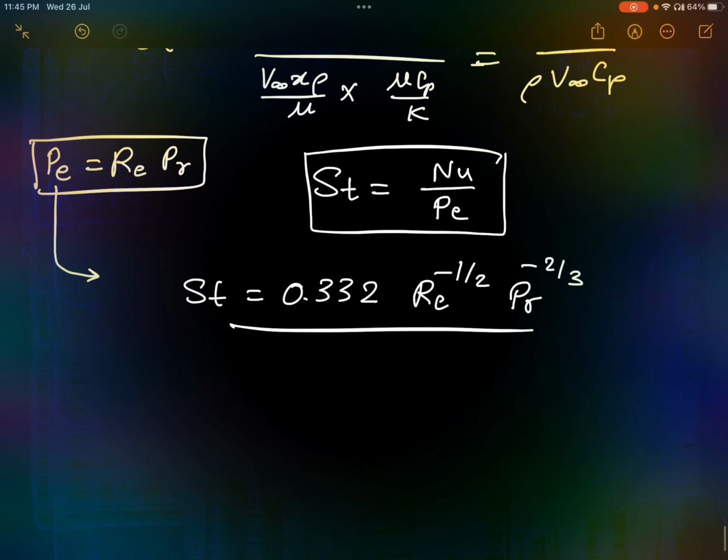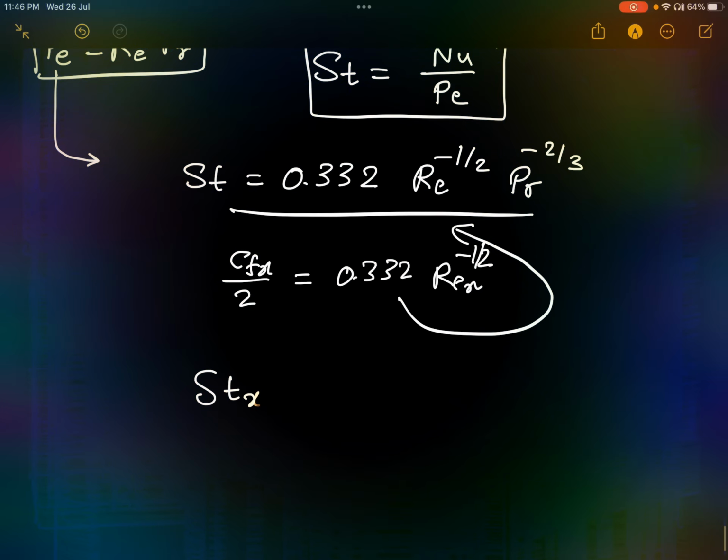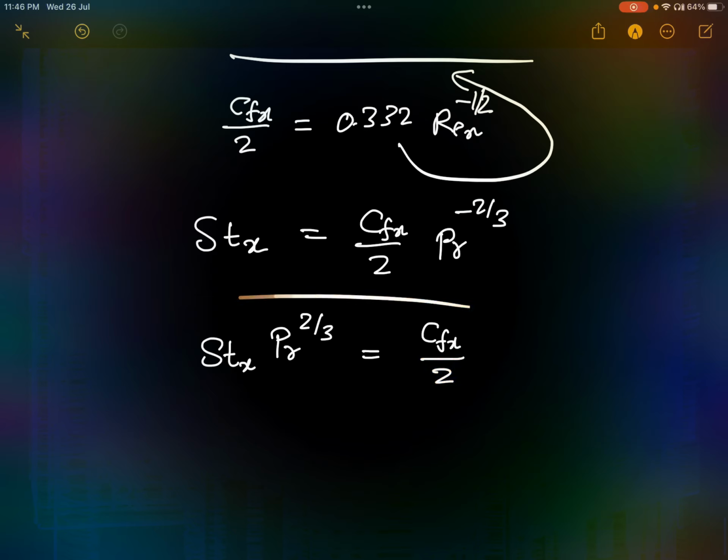Earlier, by equating two equations, we got Cfx by 2 is equal to 0.332 Reynolds number power minus half. Now replace it here, then we'll get the local Stanton number equal to Cfx by 2 into Prandtl number raised to the power minus 2 by 3, or we can write it as local Stanton number into Prandtl number power 2 by 3 is equal to Cfx by 2.